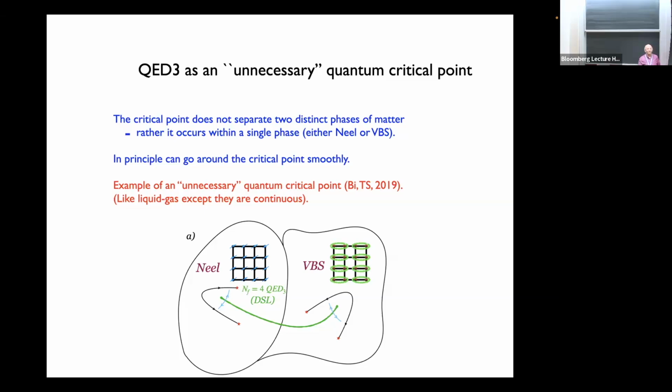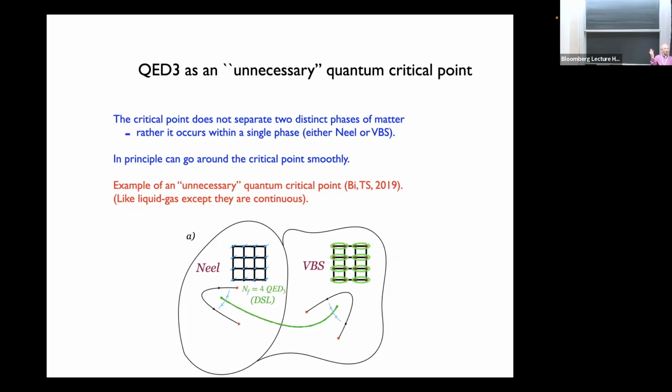So lambda couples to O plus O dagger. And on one side that's positive, on the other side that's negative. But what is that operator in terms of the original spin model? O plus O dagger has all the symmetries of the UV system.